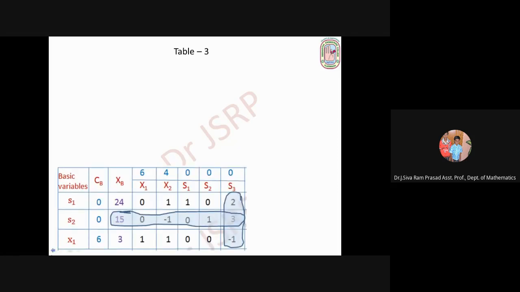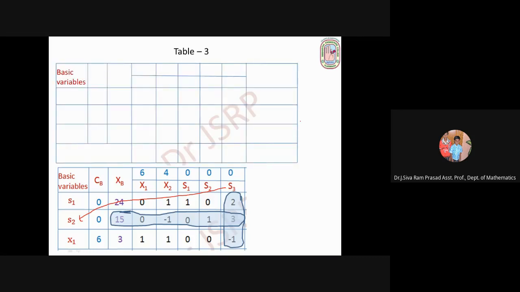In table 2, S3 is the entering basic variable and S2 is the leaving basic variable. So in place of S2, we have S3. Consider the structure of table 3.